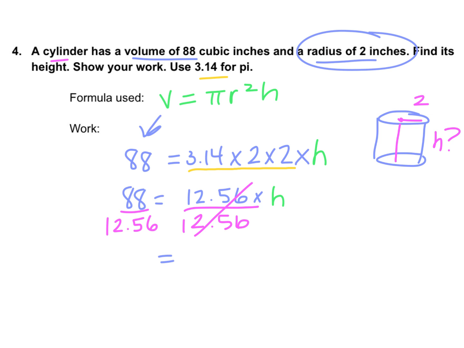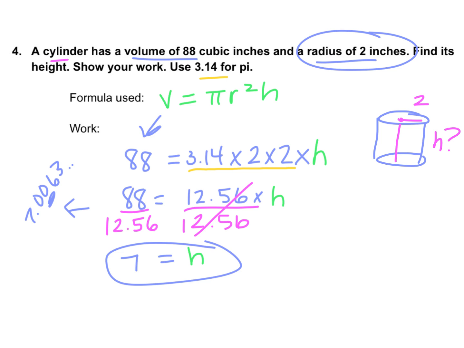I'm going to do 88 divided by 12.56, and I do get a bit of a decimal, like 7 point something, so I'm going to say that my height is 7. I did get that decimal, but there's a lot of zeros there in the tenths and the hundredths place. So I'm going to think it's safe to say that my answer is 7.